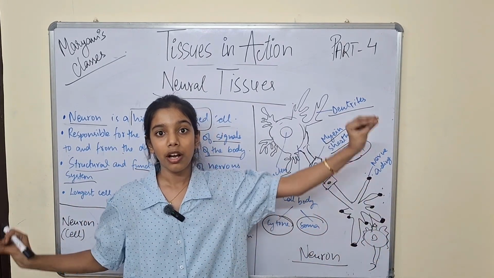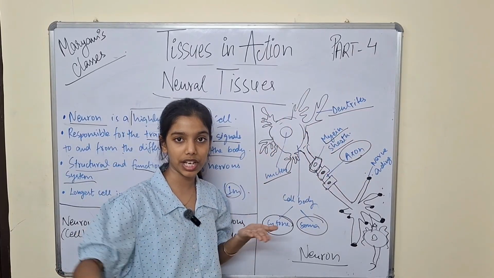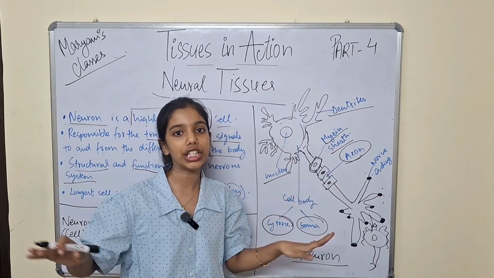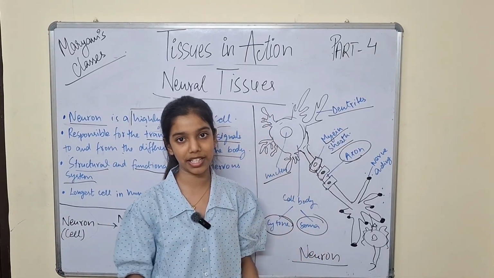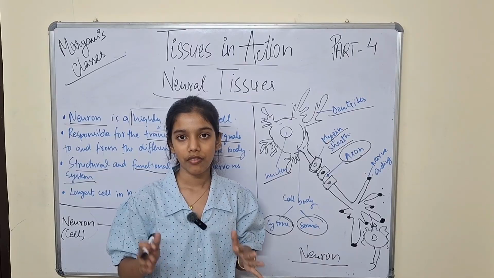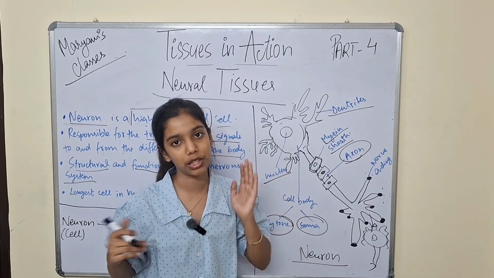This continuously proceeds further with all other neuron cells. This is how the neuron cell transports the messages or signals from the body to the brain, and from the brain to the body.